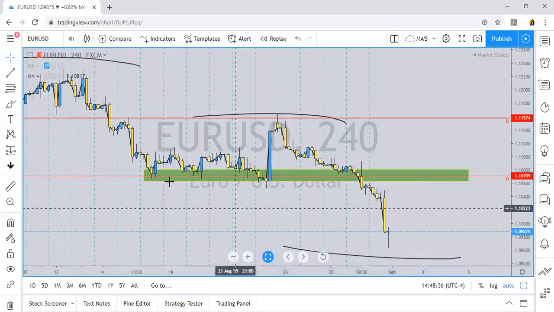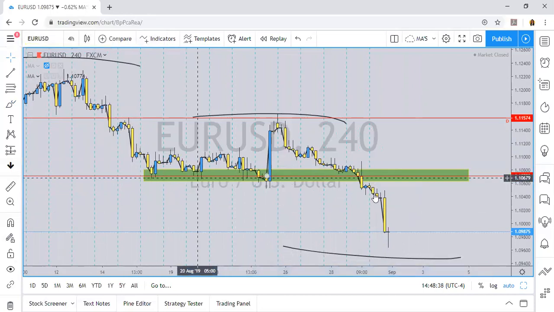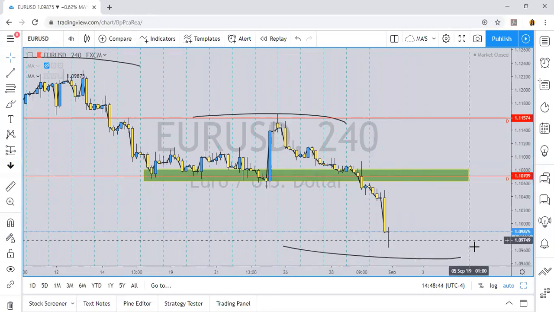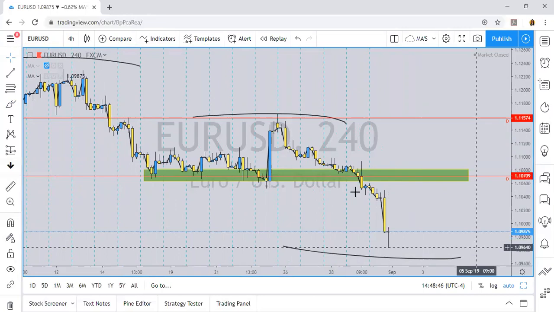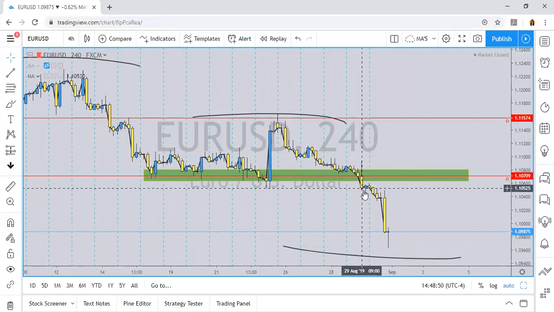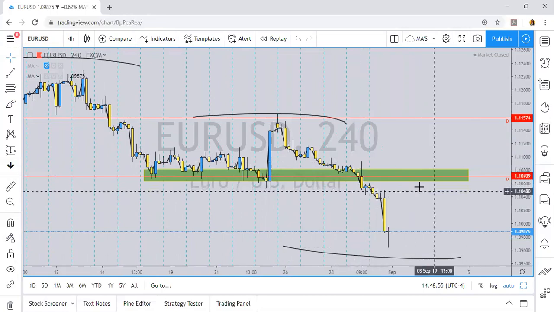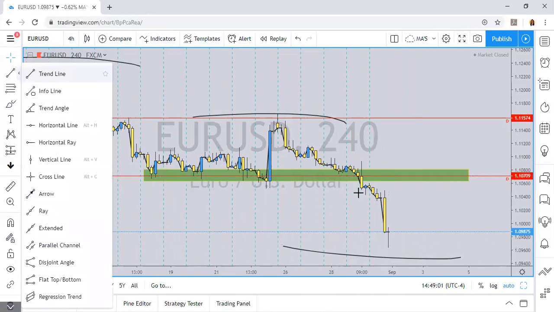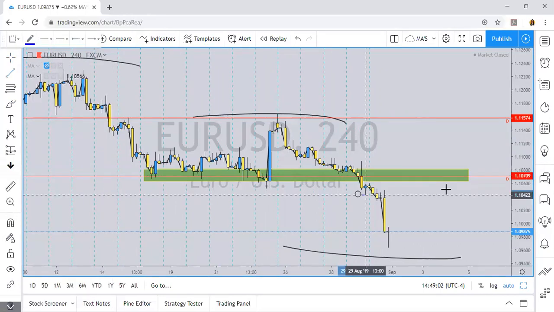Due to the fact that I see a lot of price rejection in this area, I do expect price to push back into this area and then continue to go down. Or the market can probably find a new level of resistance here, which will be here.